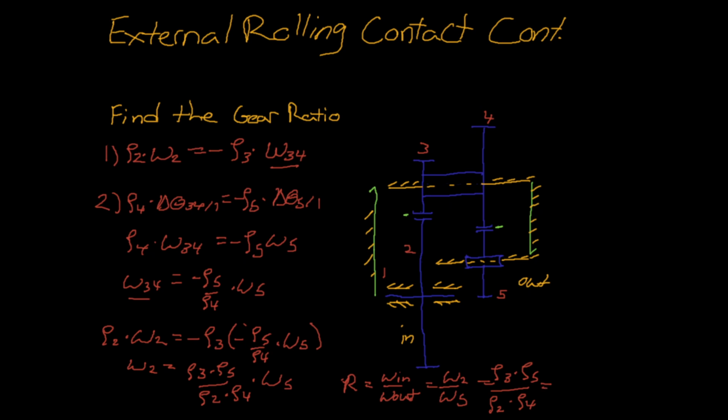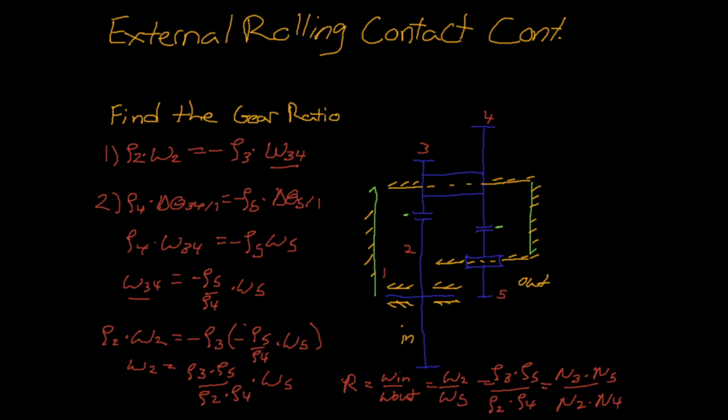And if we want, we can express it in terms of the gear teeth instead of the radius, which should just be N3 times N5 over N2 times N4. That's the gear ratio. One thing to notice is that it's positive, so that means the input gear and output gear are spinning the same direction.